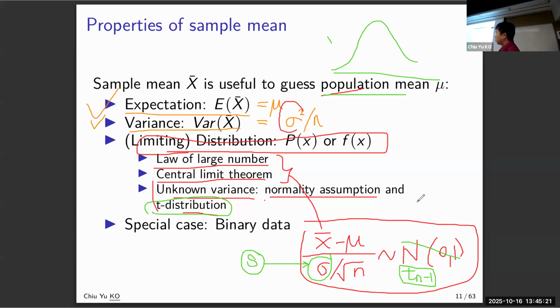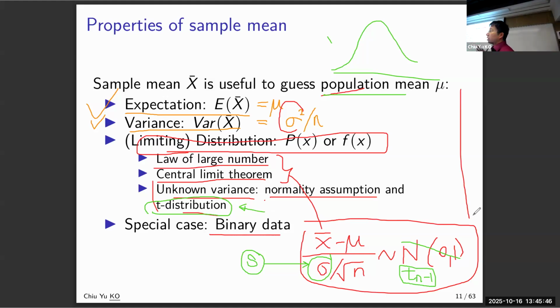This I have in the slide, don't worry. I'm just talking about what I'm going to talk about today, and you can write it down if you like, but that is the idea of the T here, which we will talk about. And after that, we talk about binary data, right? Binary data is either 0 or 1, and what we have before holds anyway, but binary data will make our case more simple.